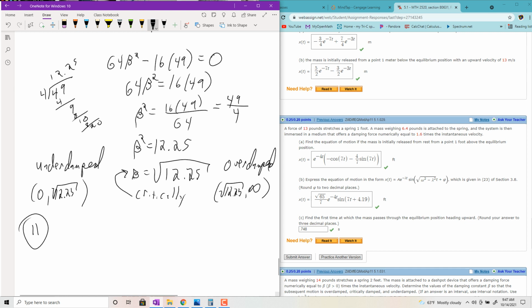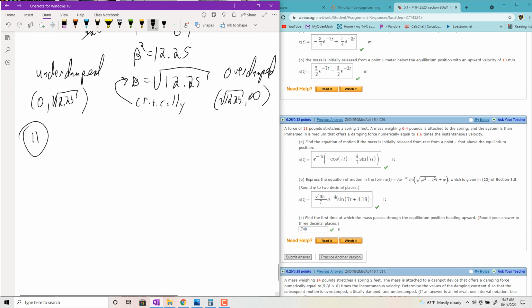Force of 13 pounds stretches a spring 1 foot. Okay, so get my mass from my weight. So mass is going to be 13 all over 32, unfortunately.